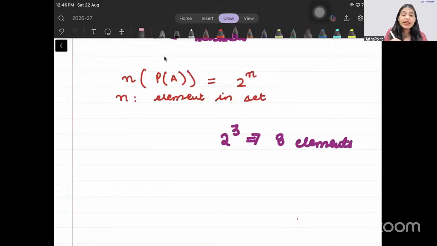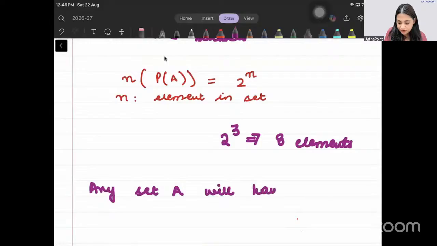So we can say, in other words, that any set A will have 2 to the power n subsets.